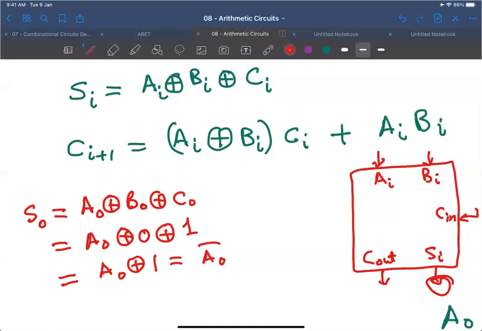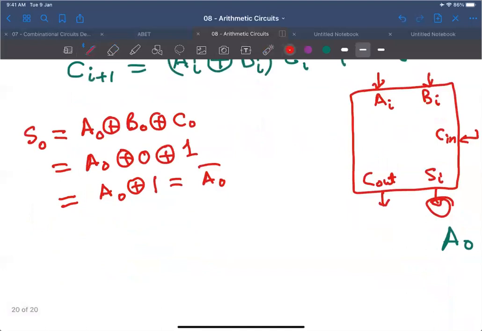And if you're not convinced about this, use the XOR definition, which is A0 complement ANDed with 1, ORed with A0 ANDed with 0, ANDed with 1 complement, okay? Which is what? A0 complement, okay? You see that? Is this clear?